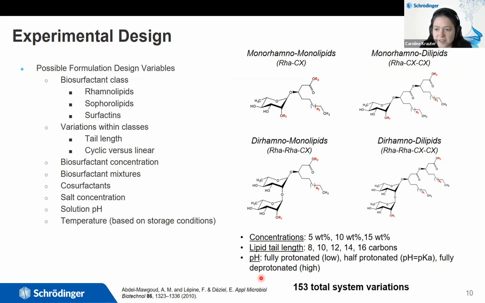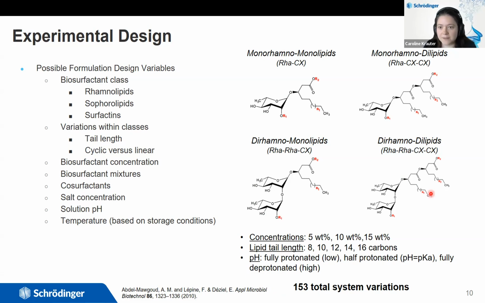And we are focusing here in the design space on anything that is available and described in this paper. The basic design space with these rhamnolipids: we have a rhamnose unit and a lipid unit, and then there can be monorhamnolipids, where there's one rhamnose unit, or dirhamnolipids, where we have two rhamnose units. And then similarly we have either monolipids here on the left, or we have dilipids with two lipid units.